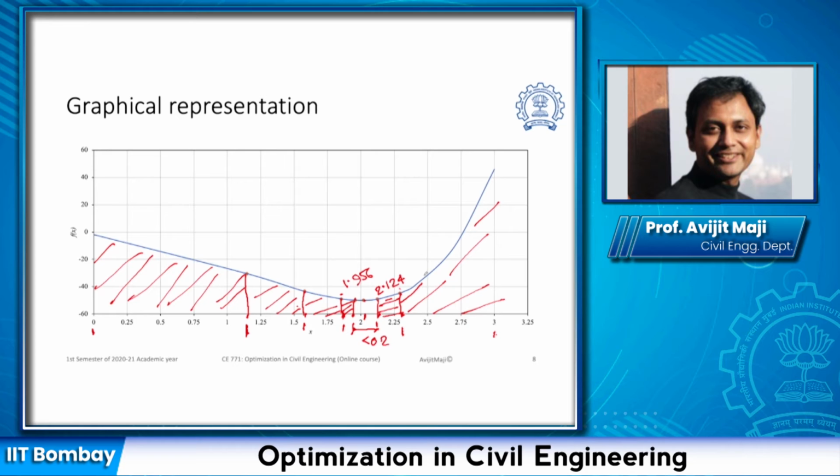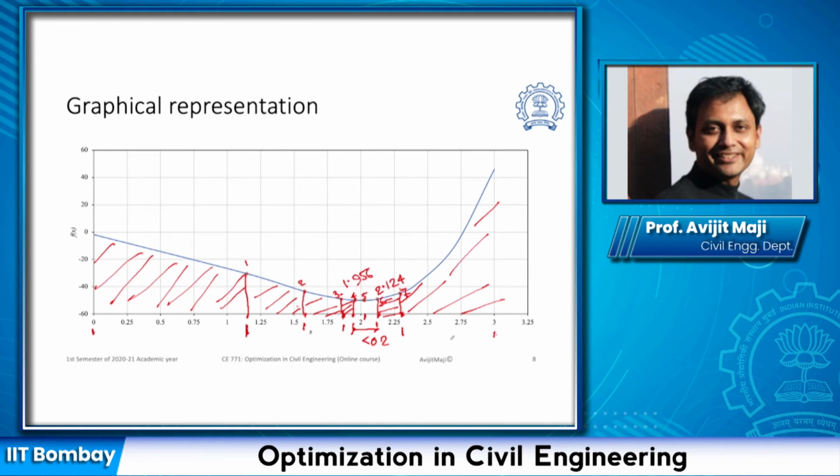And as you can see here, the number of objective function value evaluations required are 1, 2, 3, 4, 5, 6 and 7. So we evaluated 7 objective function values and we obtained this solution.